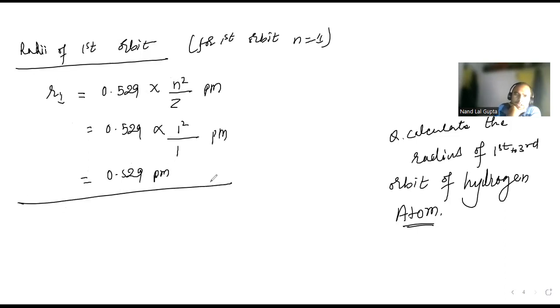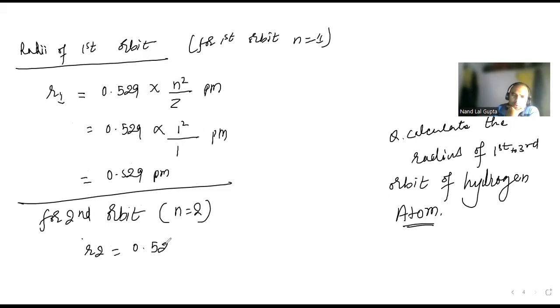Now for the second orbit, n is equal to 2. So R2 is equal to 0.529 into 2 square upon Z. For hydrogen atom, Z is equal to 1.